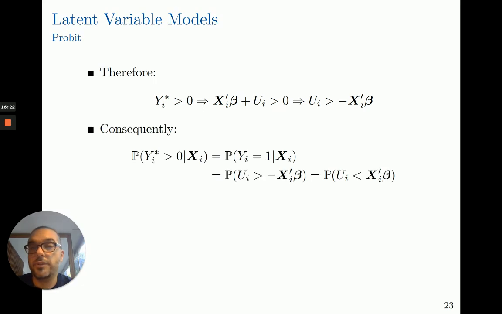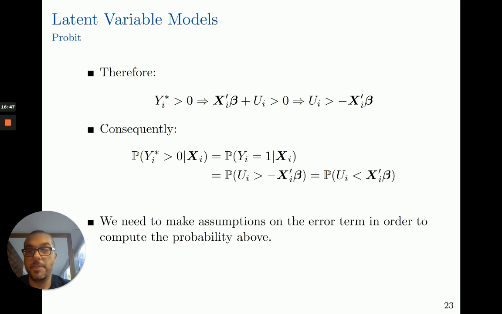Consequently, the probability of y star larger than 0 given x is the probability of y equals 1 given x, which is the probability of u larger than minus x beta, which is equal to the probability of u being less than x prime beta. Okay, so we need to make assumptions on the error term in order to compute the probability above.